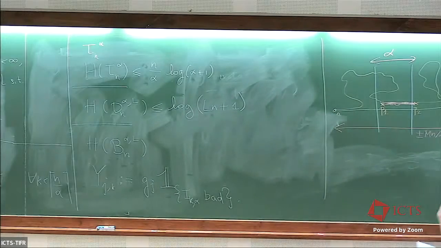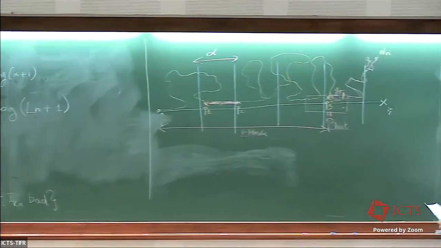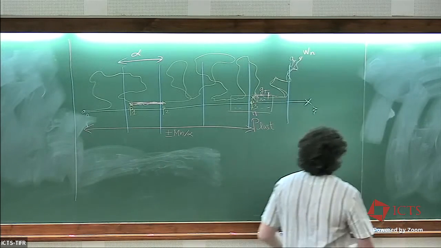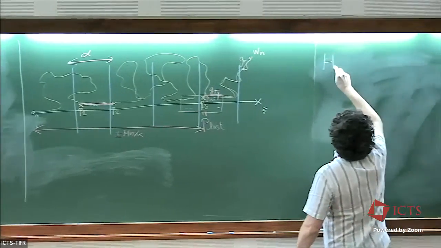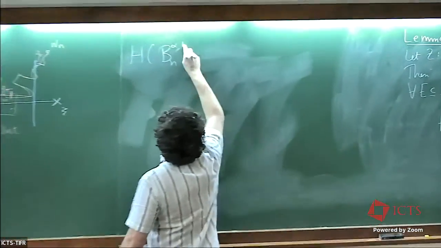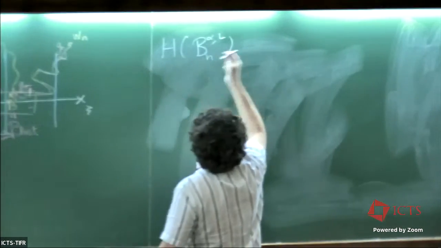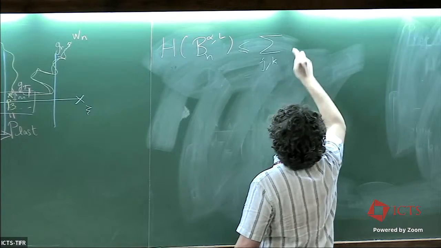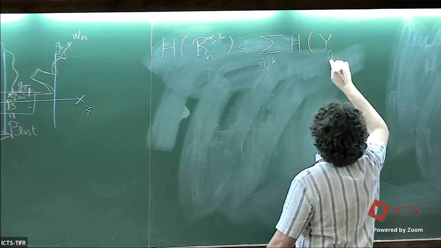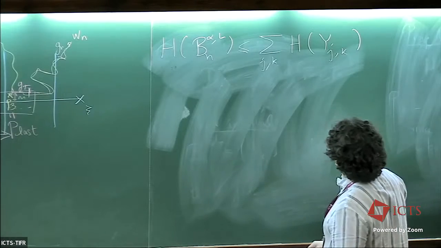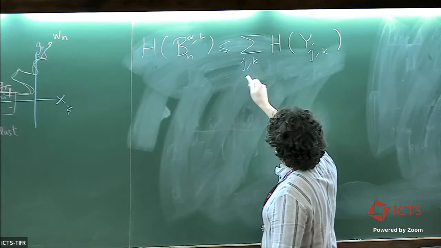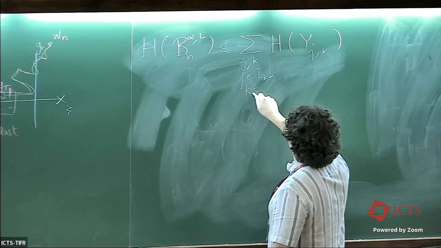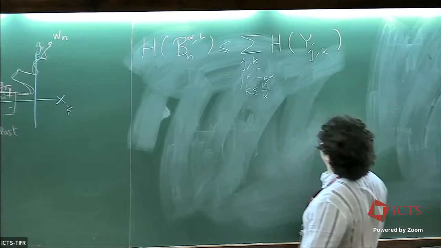Okay, and so from here we are more or less done, because what is the entropy of this B_n alpha L? Well, this is the sum over j and k of these random variables y_jk. So j is a position inside the interval I_k, and k is some number less than n over alpha.